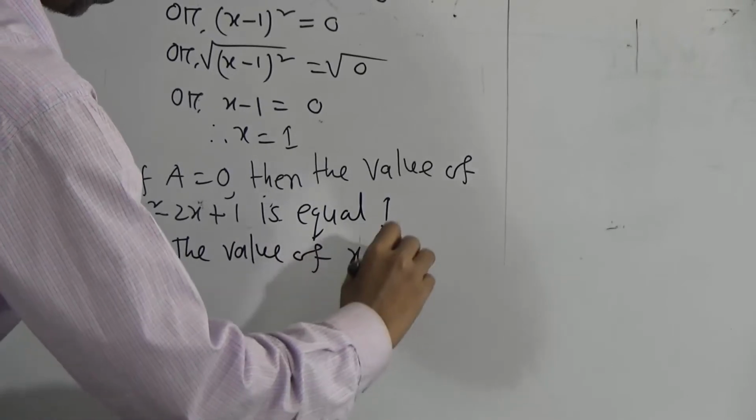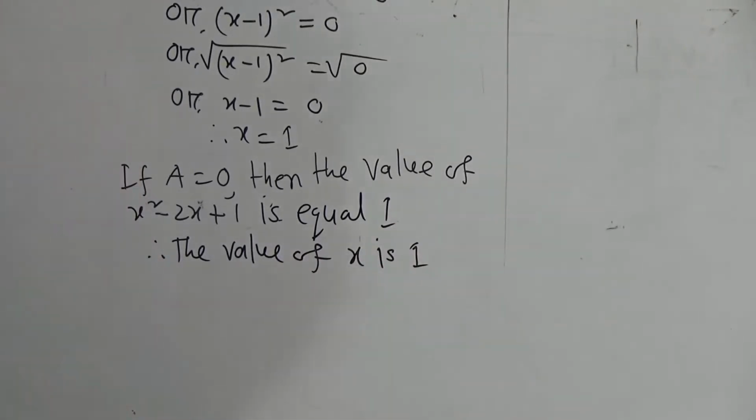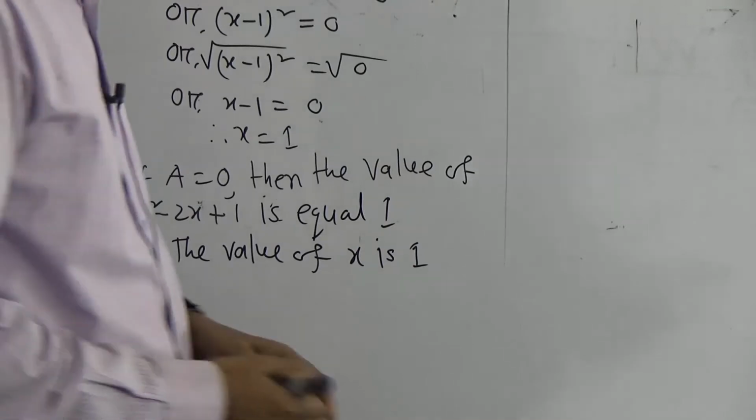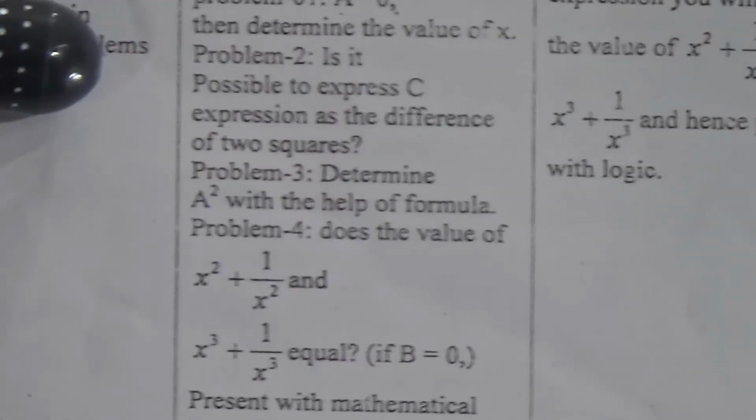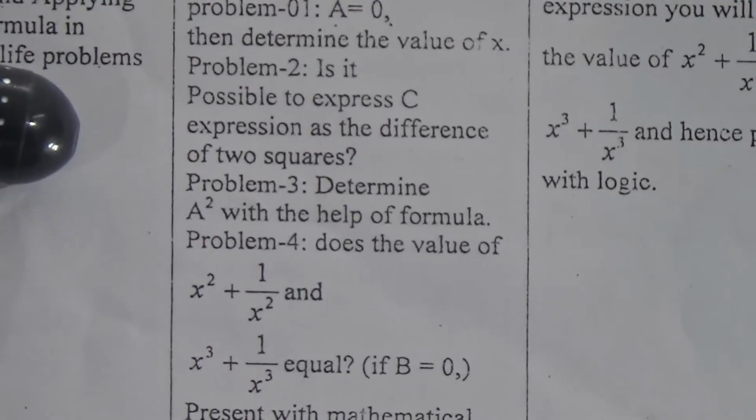Now see question number 2. Problem 2. Is it possible to express C expression as the difference of two squares?